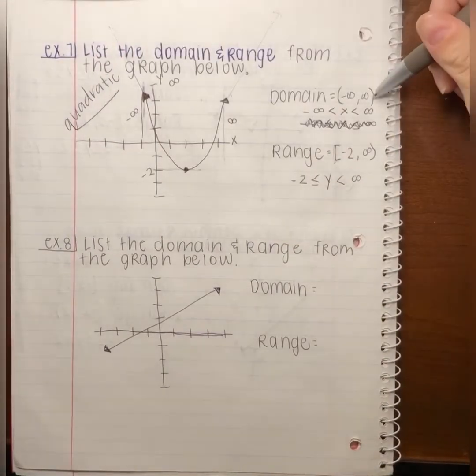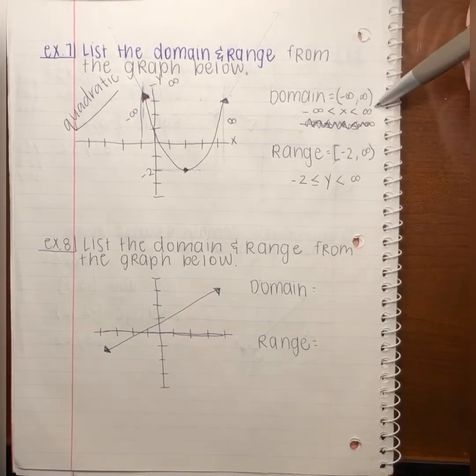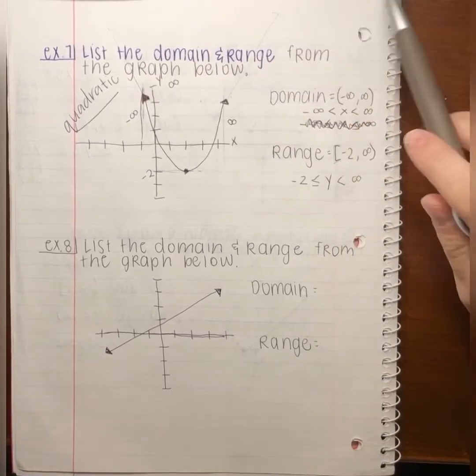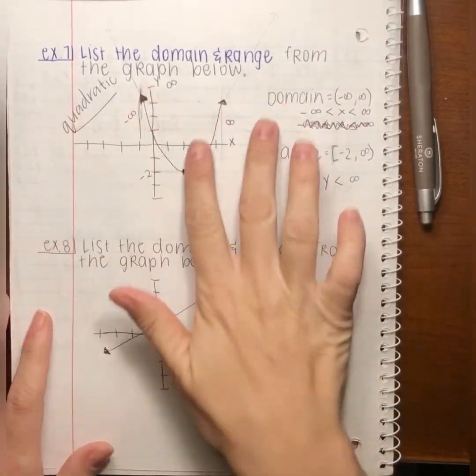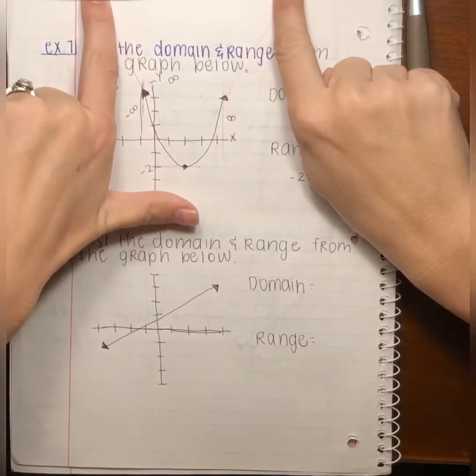Quadratic functions, your domain is always the same. Your domain will always go from -infinity to +infinity because you're always going to have that U shape. Doesn't matter where you shift that U, okay? It's always going to be going up and to the right and left forever.